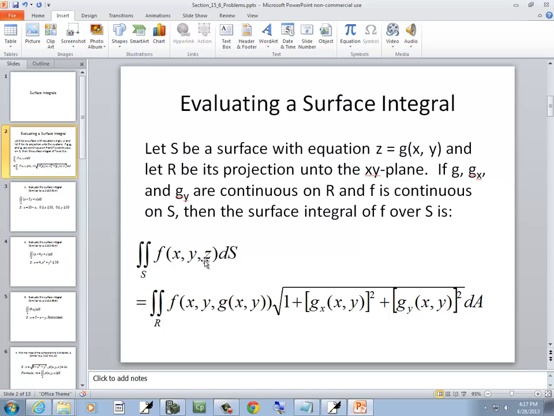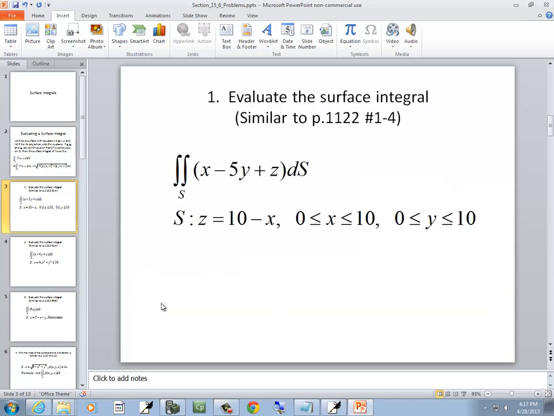The integral of f of x, y, z over S is equal to the integral over R of f of x, y, g of x, y times the square root of 1 plus the partial of g with respect to x squared plus the partial of g with respect to y squared. So let's take a look at a problem dealing with this.